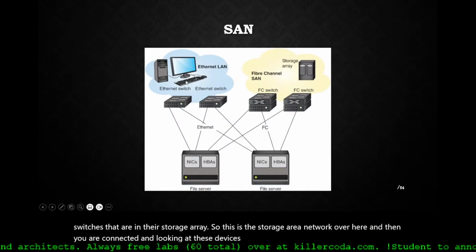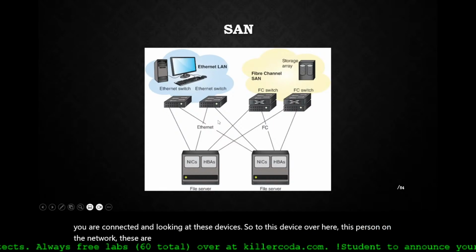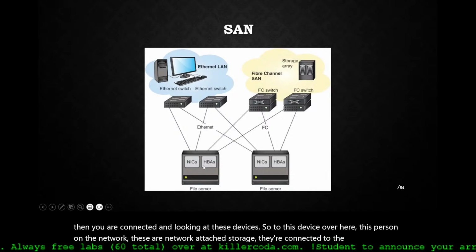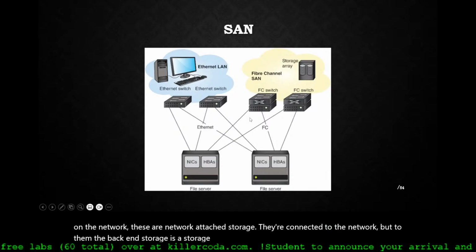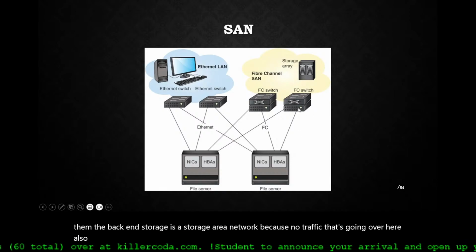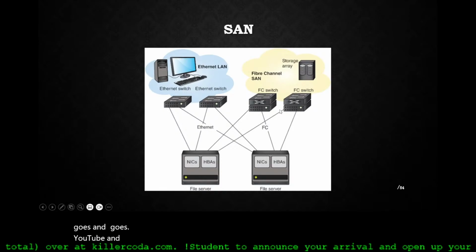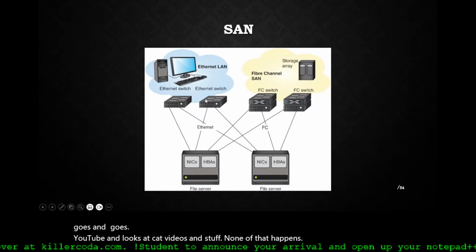So to this person on the network, these are network attached storage. They're connected to the network. But to them, the back end storage is a storage area network, because no traffic that's going over here also goes to YouTube and looks at cat videos and stuff. None of that happens. That's over this side, right?